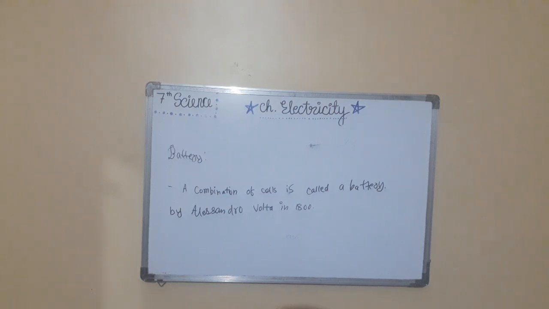The working diagram is a rectangular box type, in which there are two dark strips. This one is copper, this one is zinc.